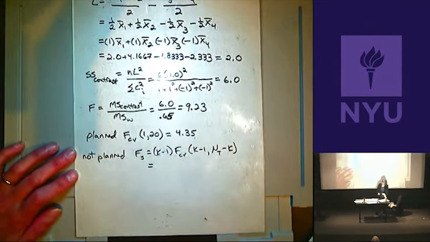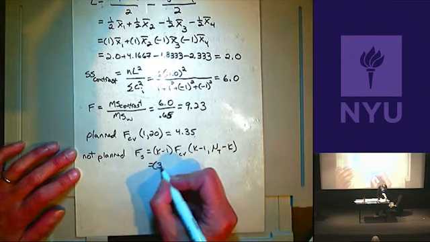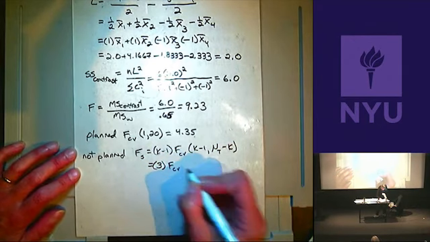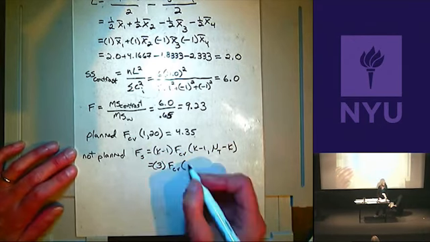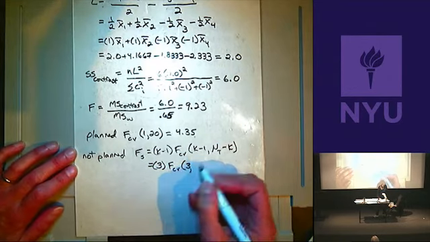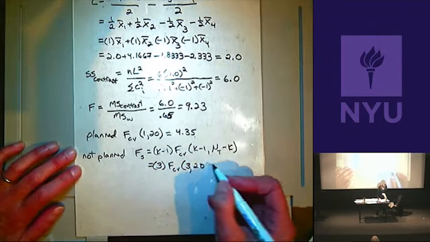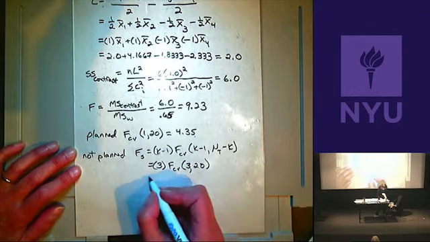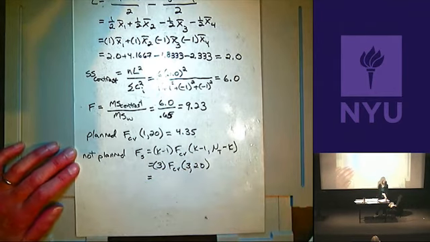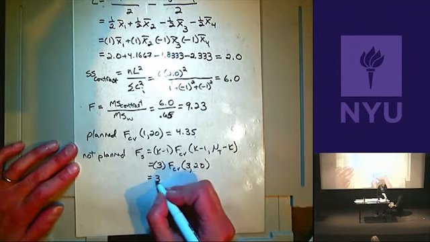So it's k minus 1 here. 3, good. Times an F critical value with 3 and 20 degrees of freedom. That should look familiar. We did it, right? What was it? Yeah, 3.10.